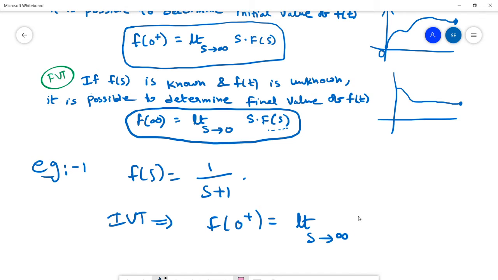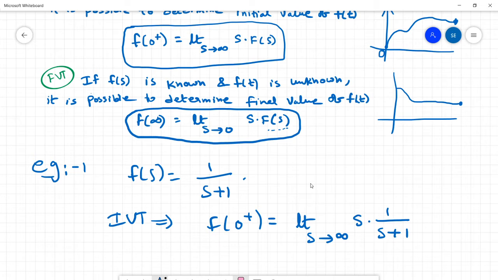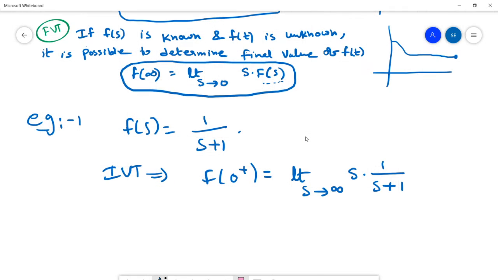S into F of s, s into 1 by s plus 1. We need to check if it is possible to segregate the function, like we have to change the function so that we have the s terms separately.